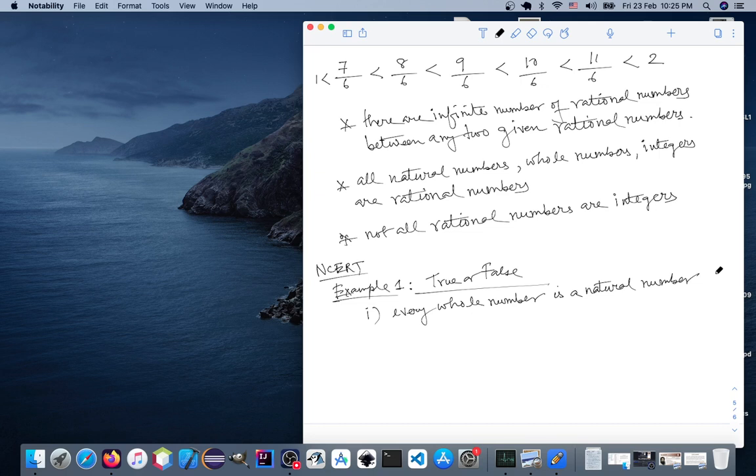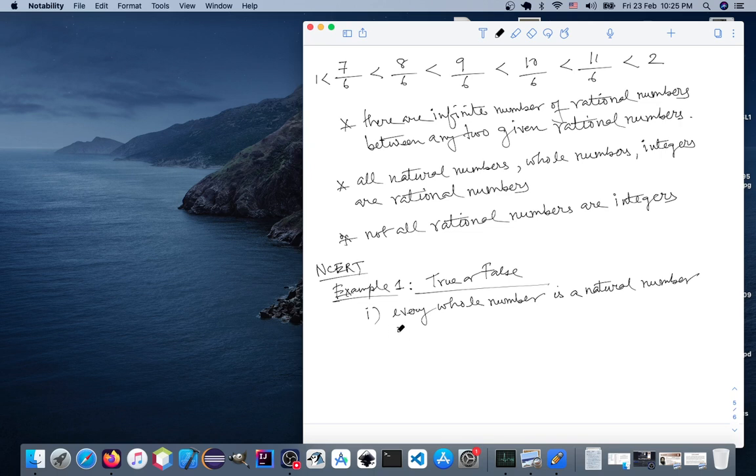What are natural numbers? Natural numbers are 1, 2, 3, 4, 5, 6, 7, 8. Now, every whole number is a natural number. 0 is a whole number, but 0 is not a natural number. So, obviously, the statement is false, because it is saying that every whole number is a natural number, but to the contradiction, 0 is a whole number and it is not a natural number.